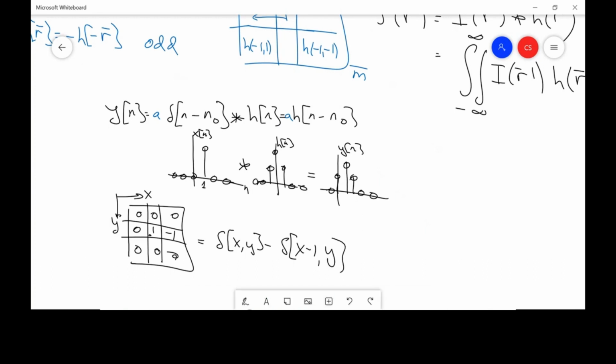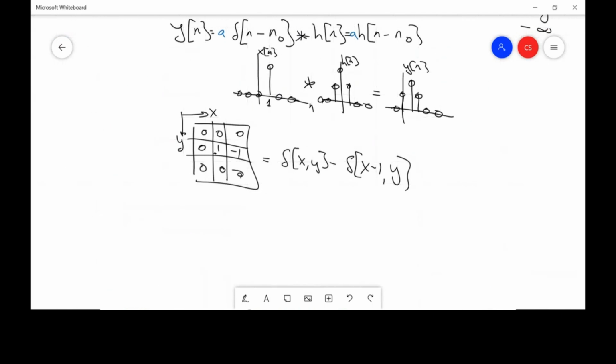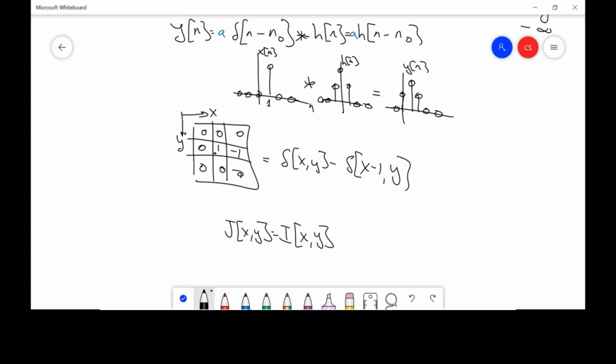Okay, now let's convolve any image with that. So let us compose J of x,y equals I of x,y convolved with that thing, delta x,y minus delta x minus 1,y.